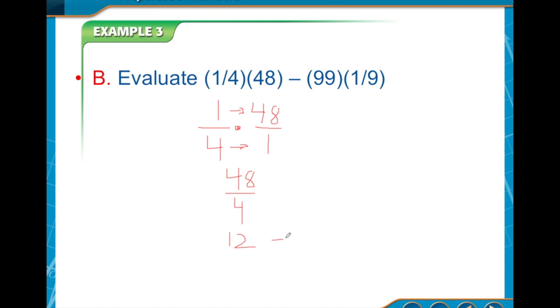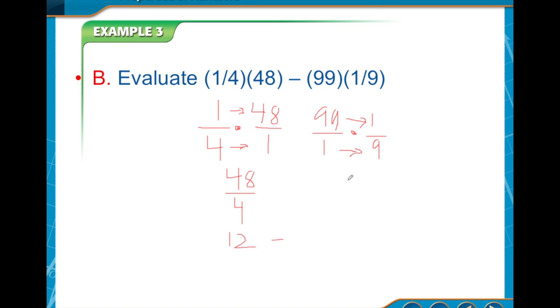We would subtract, and we can do the same thing over here. So 99 I'll write as a fraction, 99 over 1. And we're going to multiply by that fraction given, 1/9. Now we have 99 over 1 times 1/9. So again, we multiply straight across with those fractions.